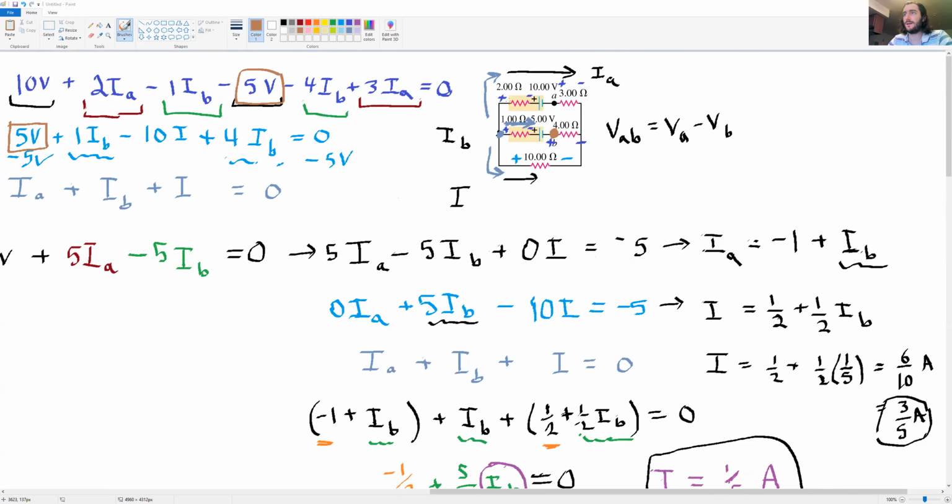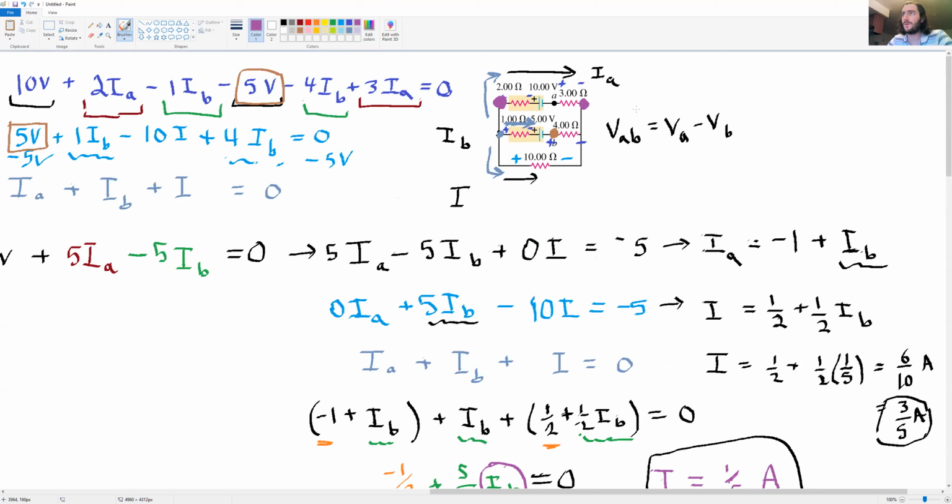the battery has enough voltage to make the potential difference across these 2 points 0.